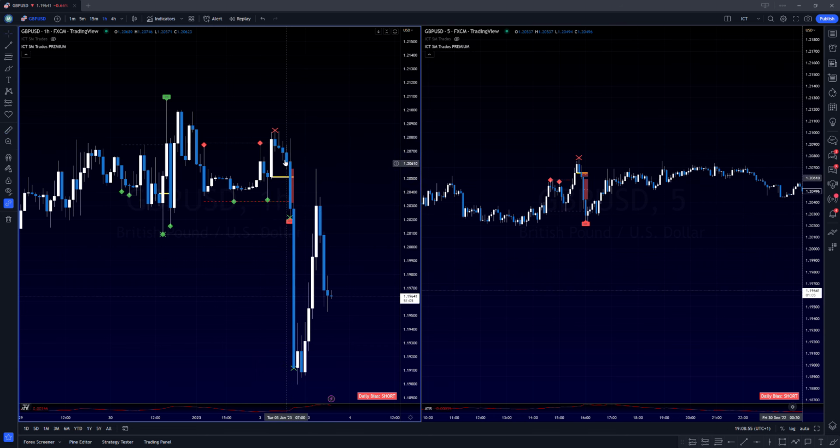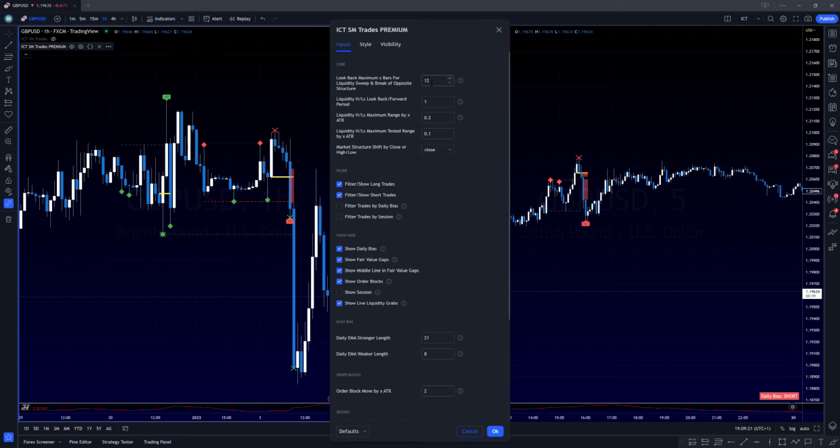but if candles would be shorter here, so 1, 2, 3, 4, 5, 6, 7, 8, 9, 10, 11, and if the 11th candle would be the market structure shift, it would still be printed as a trade. If there were, for example, 15 candles, and the 15th candle would be the market structure shift, it wouldn't be printed until you set it to 15 or 20 or as much as you want.